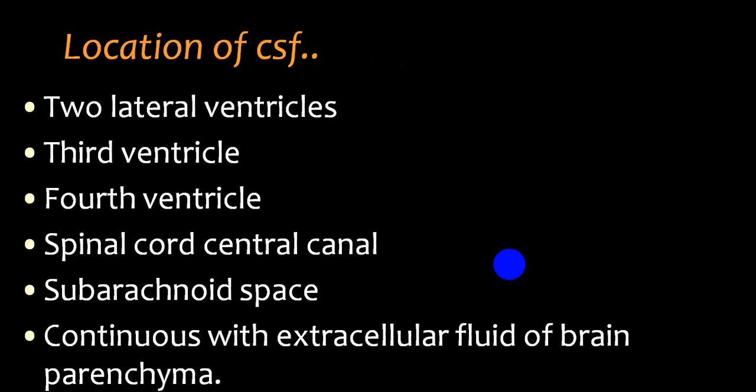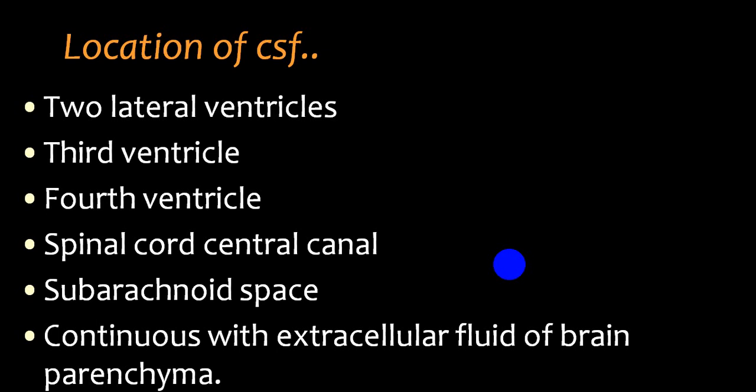There are two lateral ventricles in the cerebral hemispheres, and each lateral ventricle has a frontal horn, occipital horn, temporal horn, and the body. These two lateral ventricles communicate with the third ventricle by a small duct.